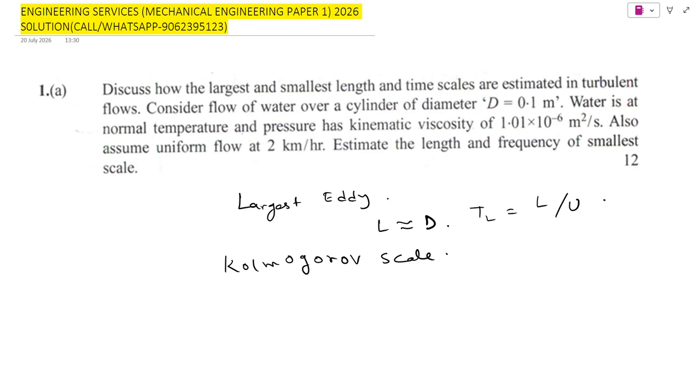So this is basically the main thing for this question. Now, he proposed that the smallest scales depend only upon two things. First is the viscosity, and second is the energy dissipation rate.